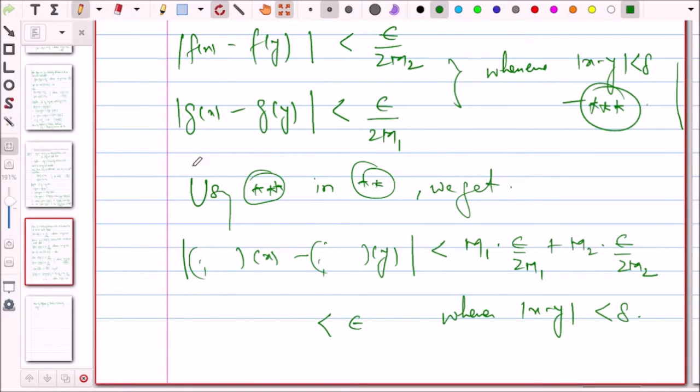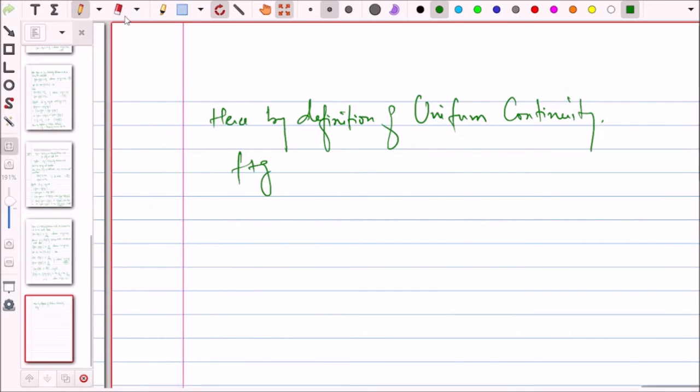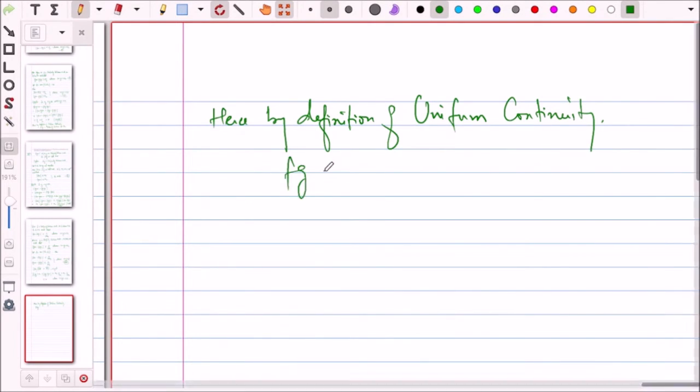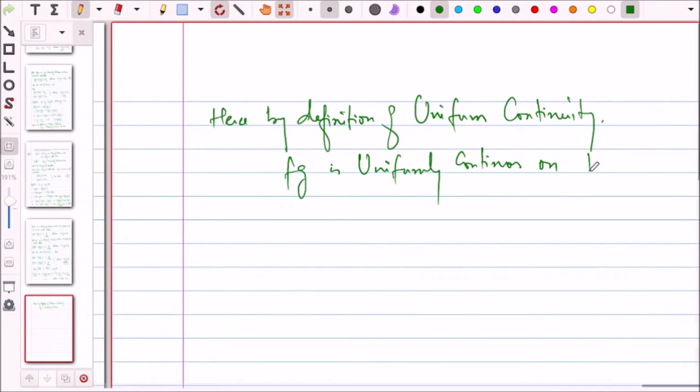By definition of uniform continuity, fg is uniformly continuous on A. So we are able to prove question number 6. Now we will proceed to question number 7.